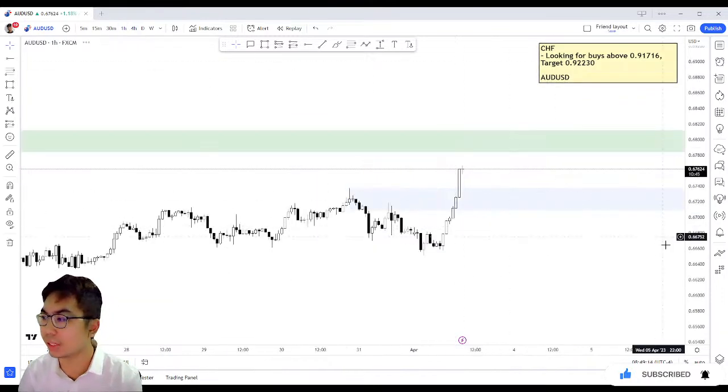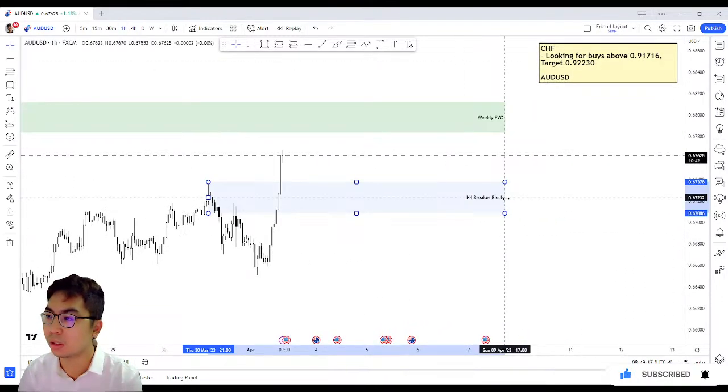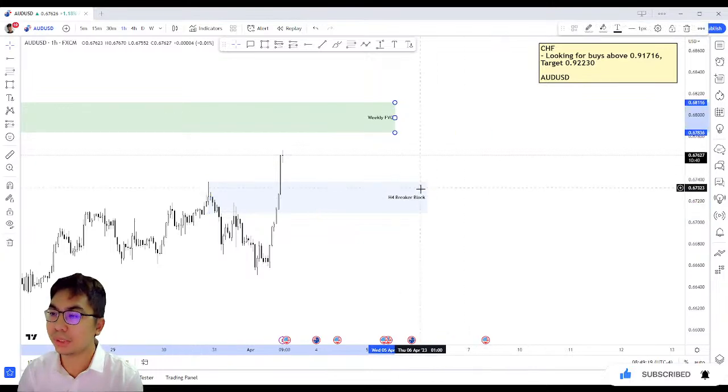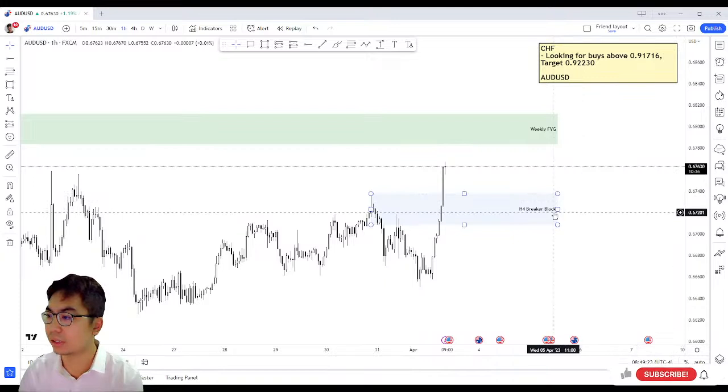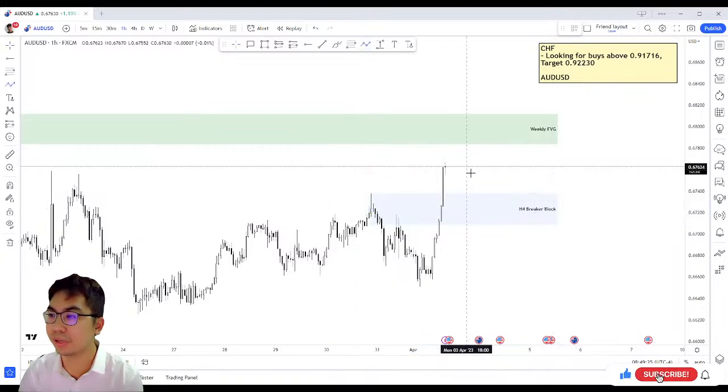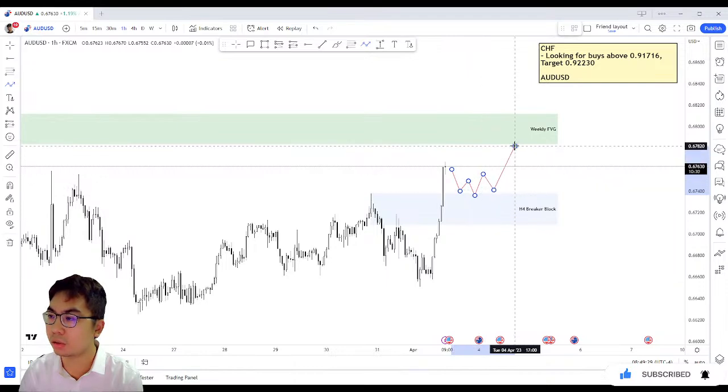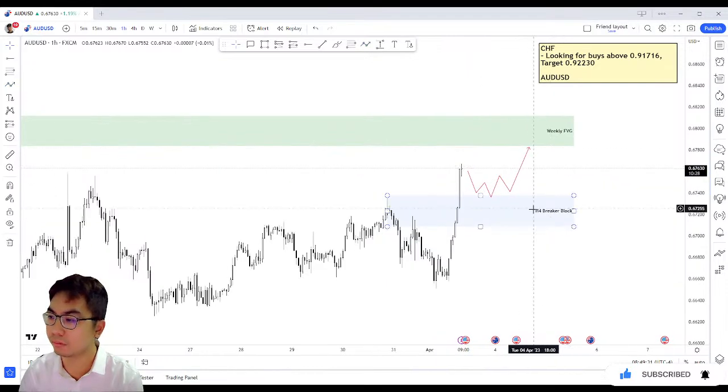When we move down, we find it on the H1. At this stage, you can set an alert right here, looking for price to hit down, tap, break, and continue moving bullish.